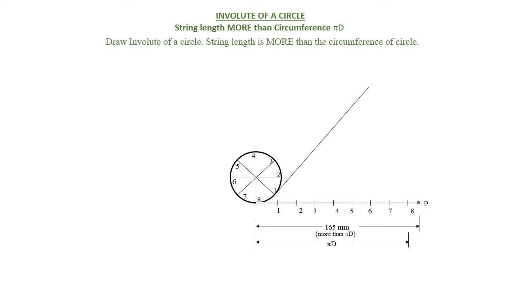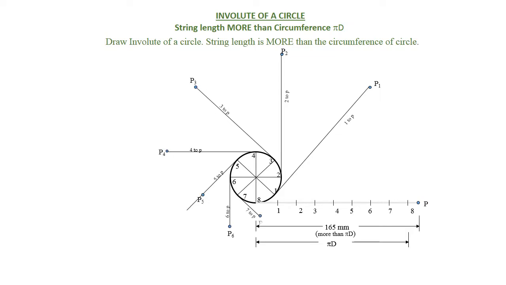After that, in the same way, we draw the tangents through 1 2 3 4 5 6 7 and 8. To mark the distances, we take the 1 to P distance and mark it along the tangent passing through 1, take the 2 to P distance and mark it along the tangent passing through 2, then 3 to P, 4 to P, 5 to P, 6 to P, 7 to P and 8 to P in a compass.